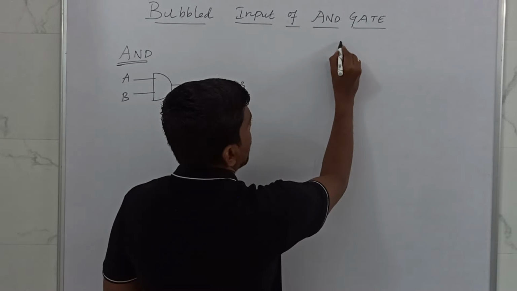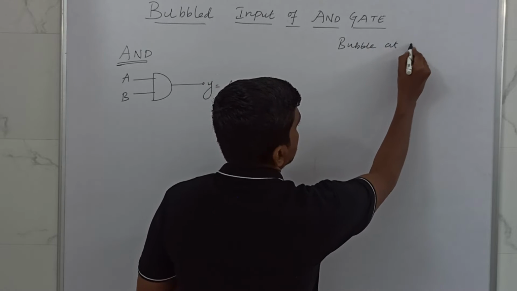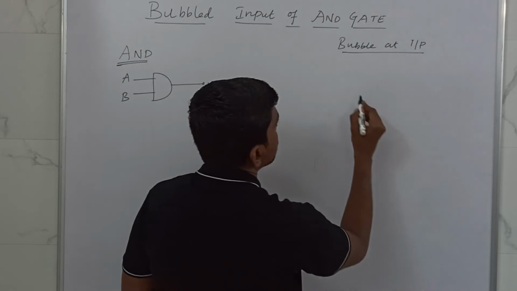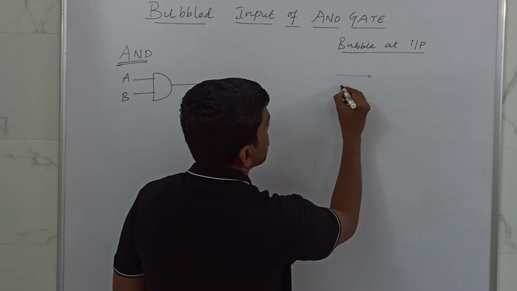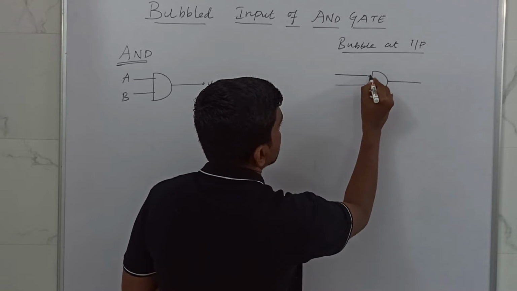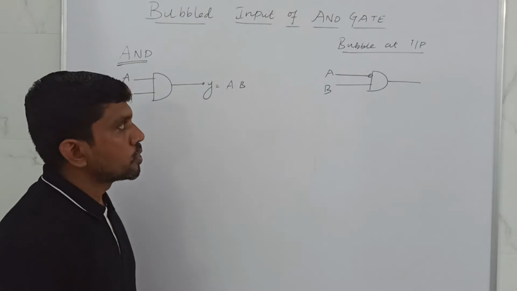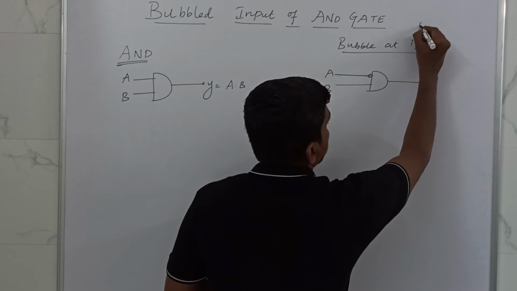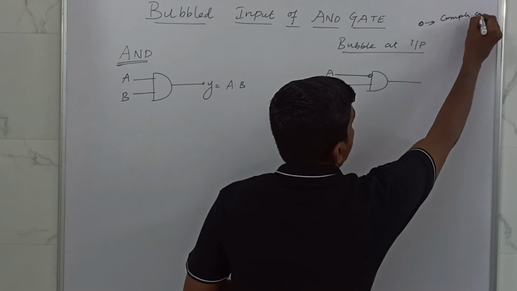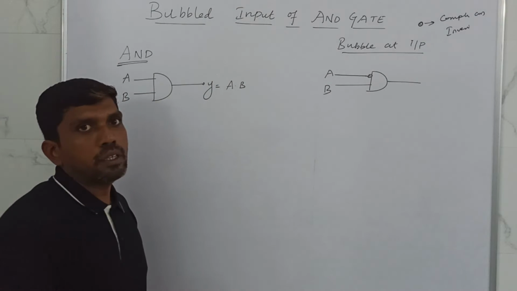Here I add a bubble at the input side, at input A. In digital electronics, a bubble represents complement or inversion.